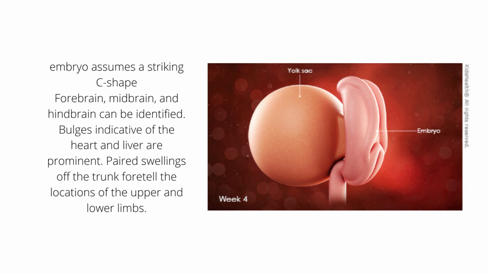During the middle and late days of week 4, there are marked advances and more changes to see, like accelerated growth along the dorsal region that bends the total body length, so it assumes a C shape, and the tips of the head and the tail are not far apart.